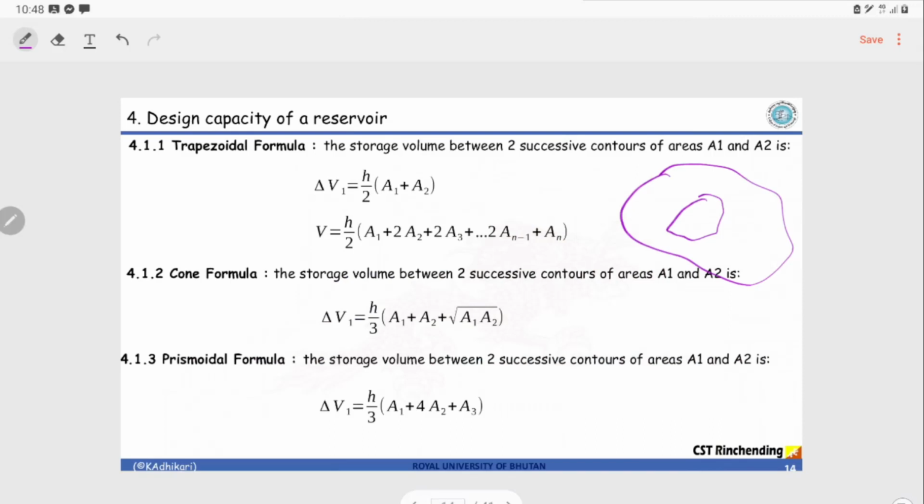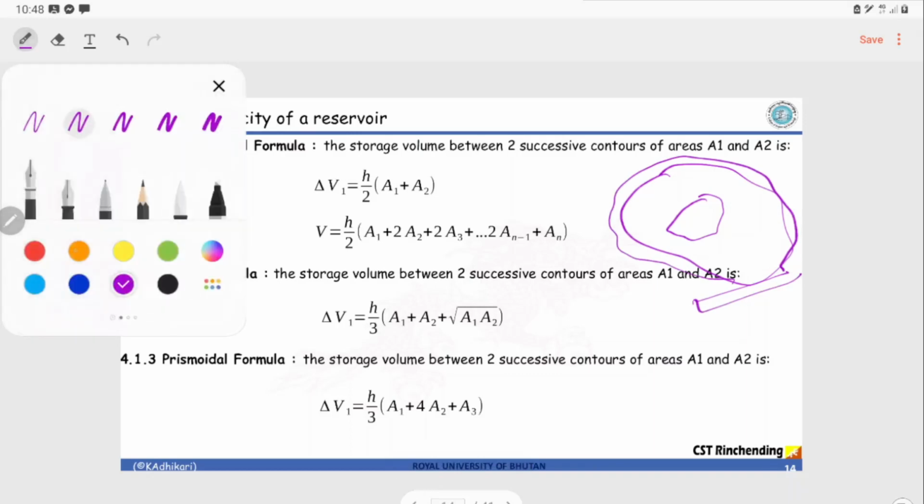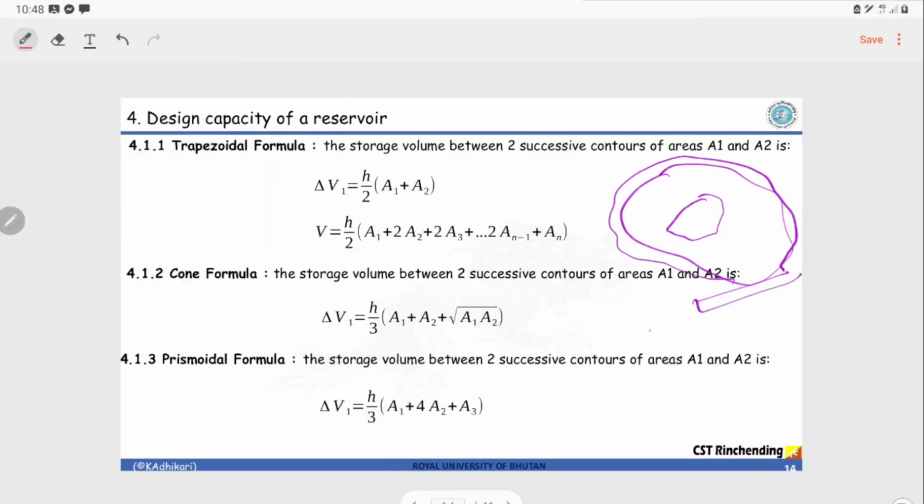If you construct a dam over here, let's say your reservoir exactly matches the contour. Just for now I'm saying this because it becomes easier to explain. Let's say this is 100 like previous and this one is 120.